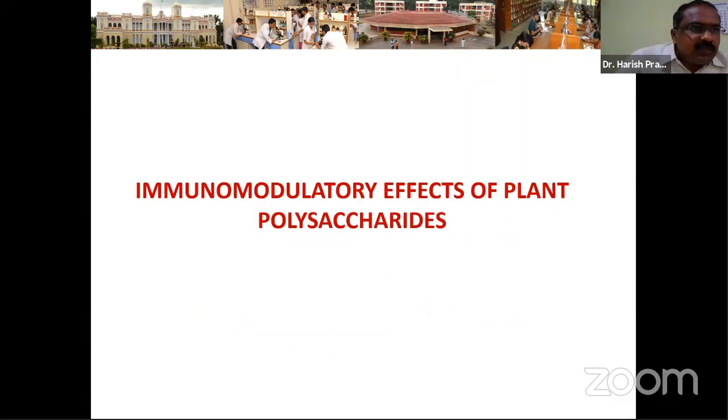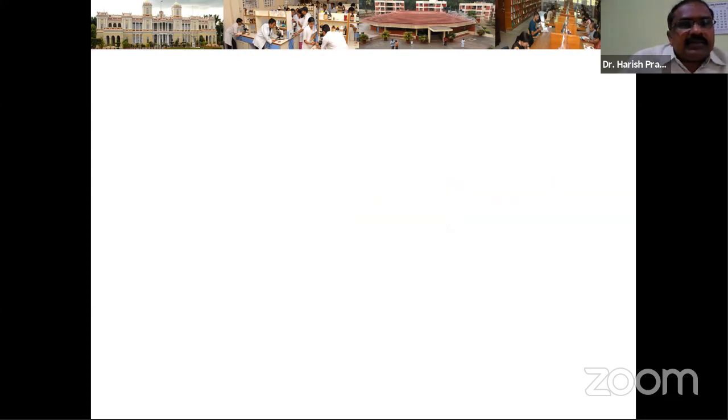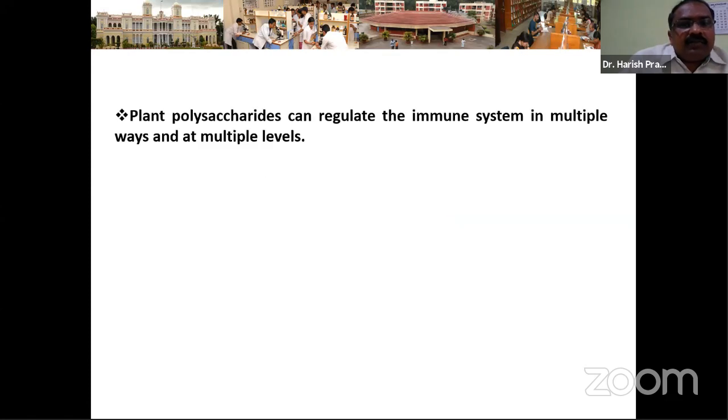Next we'll move on to the immunomodulatory effect, especially of plant polysaccharides. Plant polysaccharides have been studied extensively, and it has been shown beyond doubt that they can regulate the immune system. They do not regulate it in only one way. It can be multiple ways, and through various routes they can exert this immunomodulatory activity.